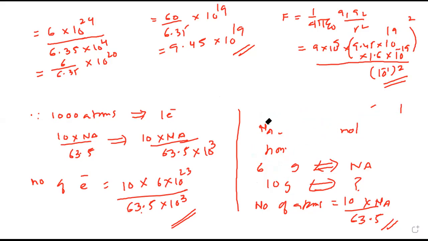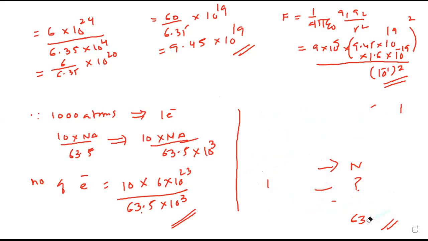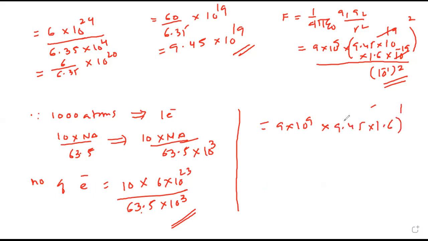No, see how to simplify. See, this is not MCQ, no? So calculation wise it may be difficult. Concept wise, understand properly. Then in MCQ you can cancel it. They will give value in such a way. So now I can say this is like 9 into 10 raised to 9. My 10 raised to 19 minus 19 cancels. 9.45 into 1.6 square upon 10 raised to minus 2.